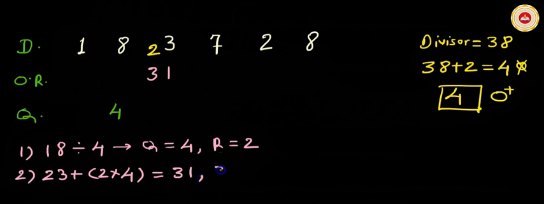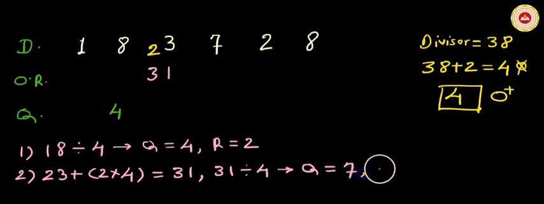Now let us divide this 31 by osculator 4, which gives the quotient. 4 sixes are 24, 4 sevens are 28, yes, and 4 eights are 32. That means quotient is 7 and remainder is 3. 4 sevens are 28, 31 minus 28 is 3.